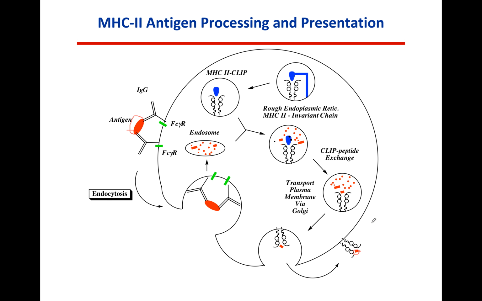I want to point out there may be multiple copies of this, because you take up several different antigens, but these will be displayed on the surface of the macrophage or dendritic cell. So you go through MHC2 fusing with this endosome, then exchange of the peptide from the antigen, exchanging the CLIP out, and then transport of the MHC2 peptide to that surface.